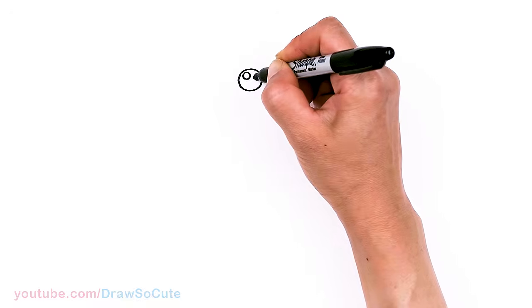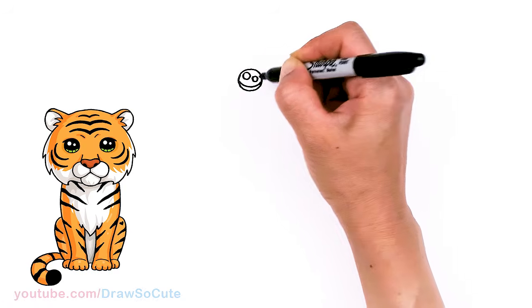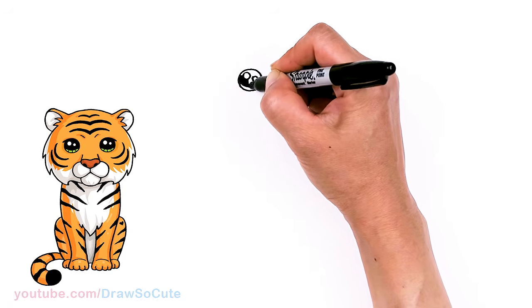Now that I have my circles in, let's make them so cute eyes. So add 2 small circles inside for highlights and a curved line at the bottom and shade in the top.